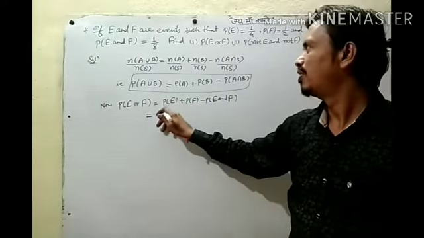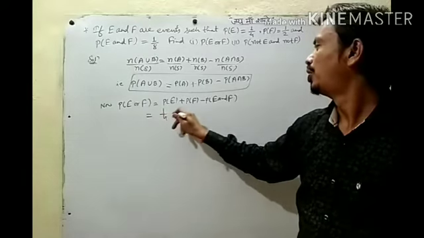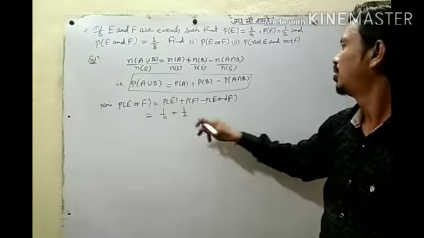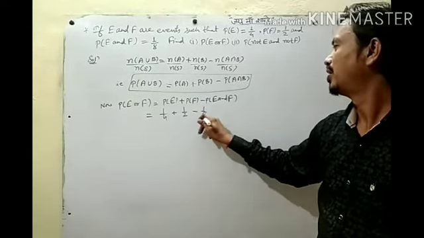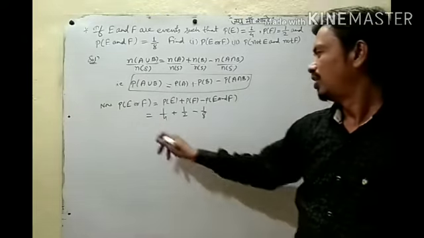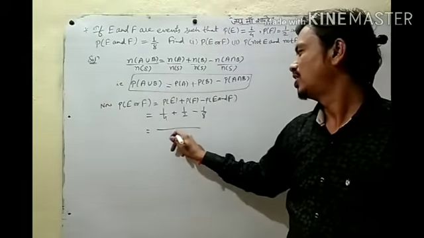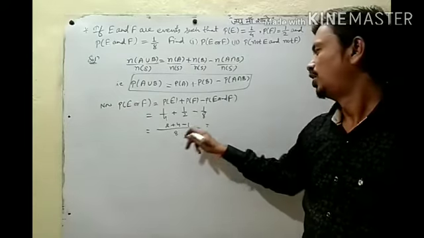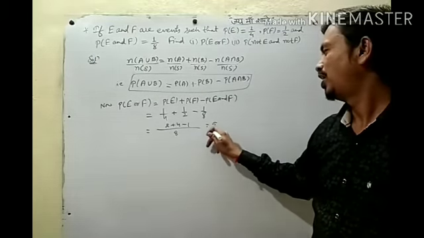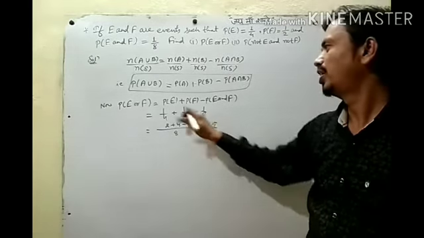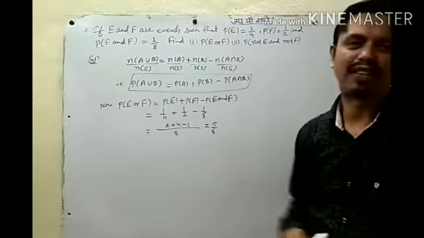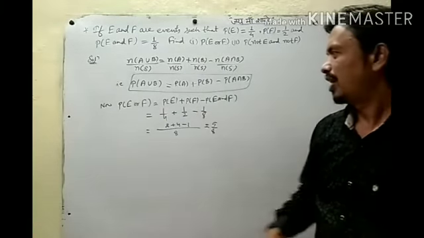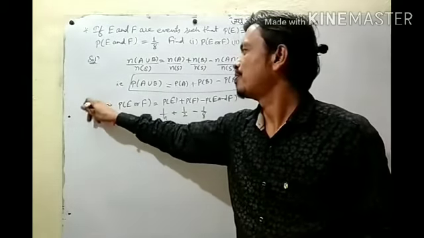Now its value is given 1 by 4 plus its value 1 by 2 minus 1 by 8. Now simplify this. So LCM is 8. It is 2 plus 4 minus 1. 6 minus 1, 5. 5 by 8 is the probability of getting E or F. Okay? This is for first question.